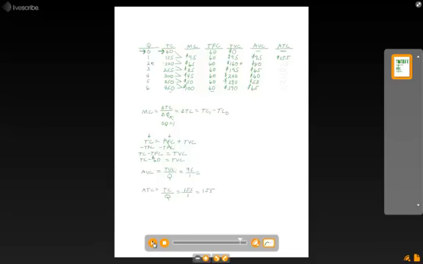For your quantity of 2, your average total cost would be the 220 divided by 2, which is going to give you 110. 255 divided by 3 will give you 85. 300 divided by 4 is going to give you 75. 350 divided by 5 will give you 70.